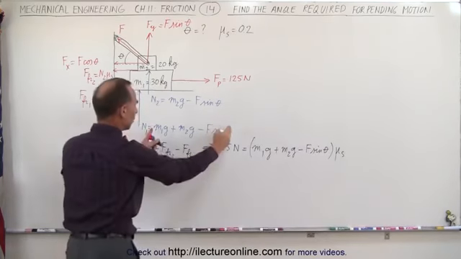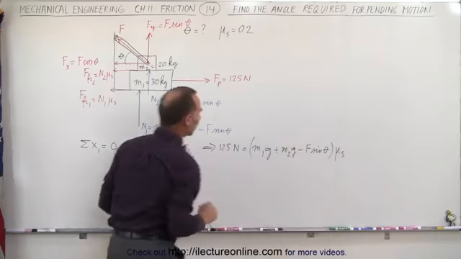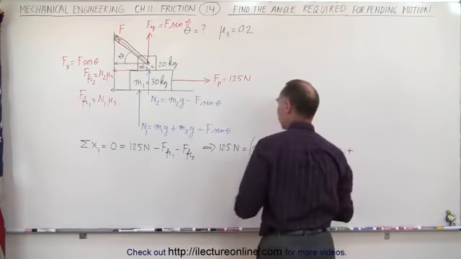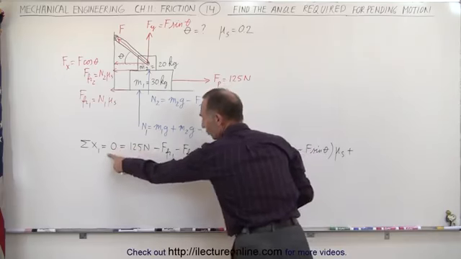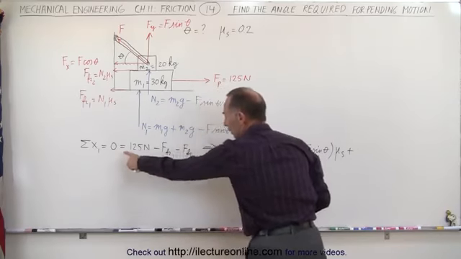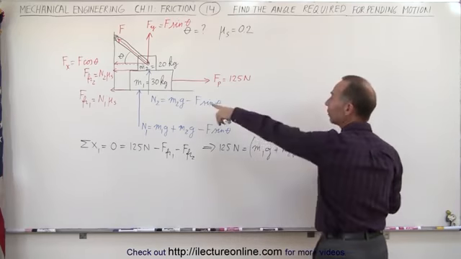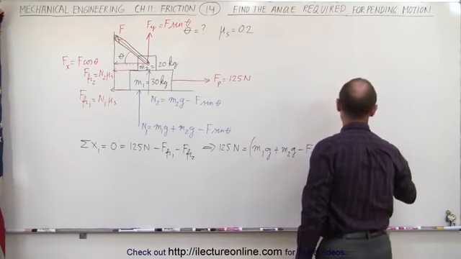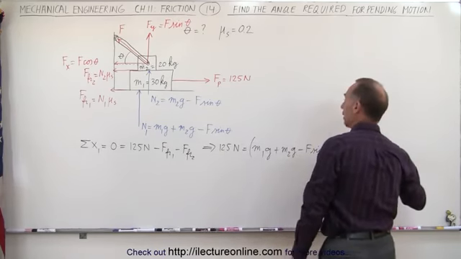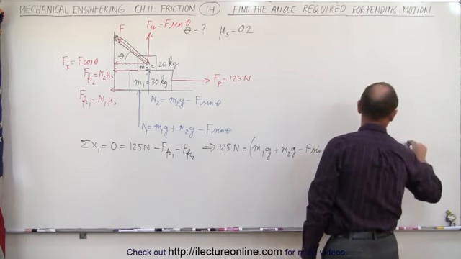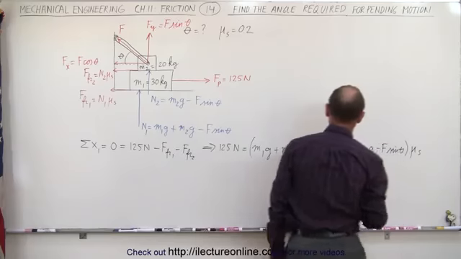So I took N1 and multiplied times mu sub s, and then I add to that force friction 2, and notice I moved the 125 to the other side, which makes it negative, and then multiplied everything by -1 to make everything positive. Then N2, which is M2g minus F sine theta, and that would be times mu sub s.